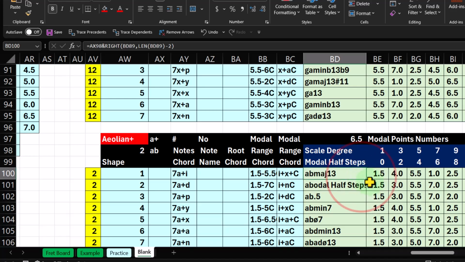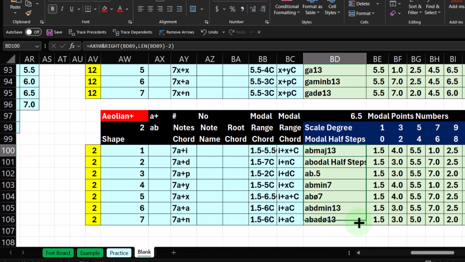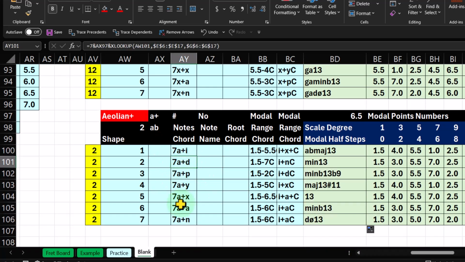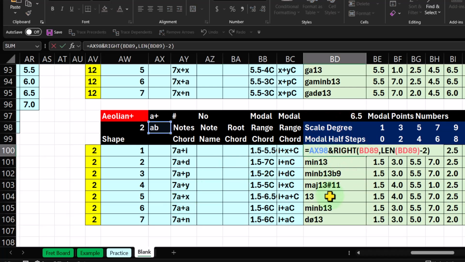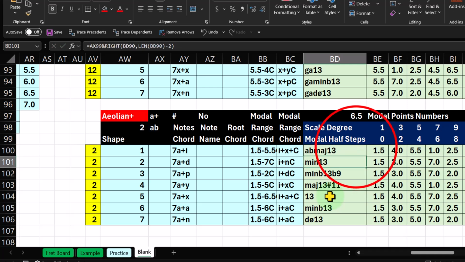So we have a B or A sharp or B flat major 13 for the one built off of the Aeolian node, which is an Ionian or major chord. And then I can copy this down. If it was built off of the Aeolian Ocean node, but it's a Dorian chord, you'd have a Dorian naming convention. Hold on. This needs to be F4 right here, and then copied down.